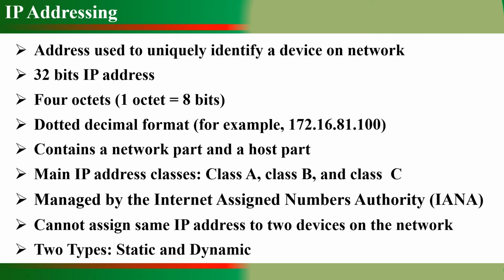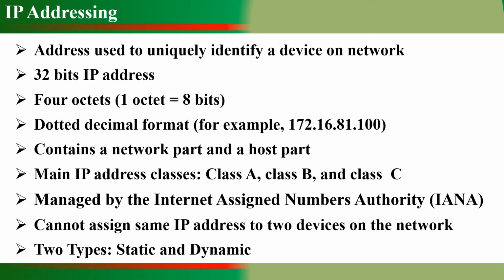In this format, each 8-bit byte in the 32-bit address is converted from binary into a decimal number between 0 and 255. The numbers are then written as 4 decimal numbers with dots between them. For example, 172.16.81.100 is a valid IP address.